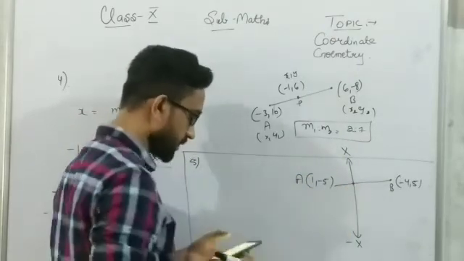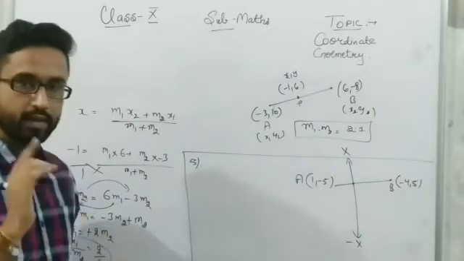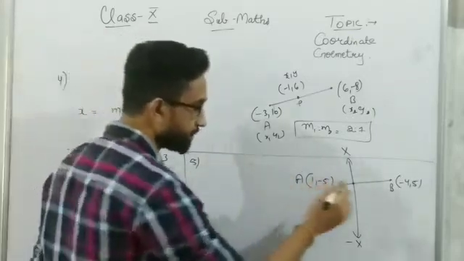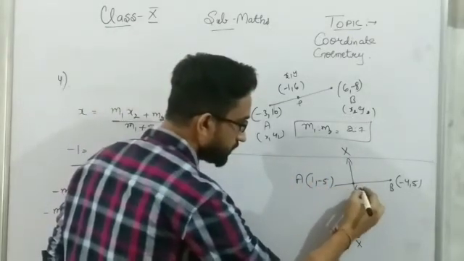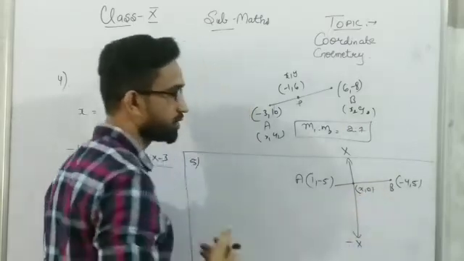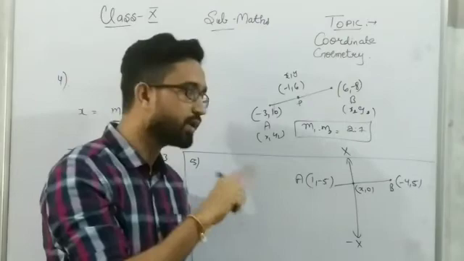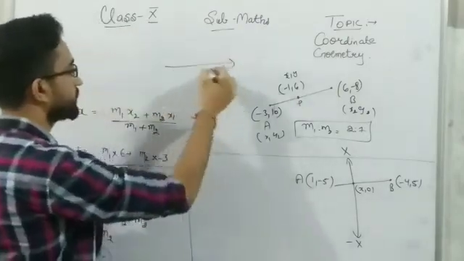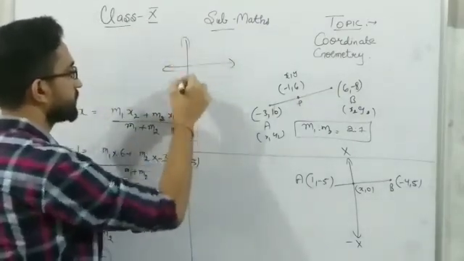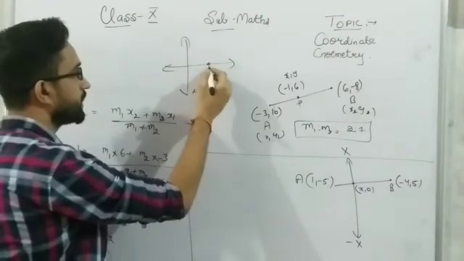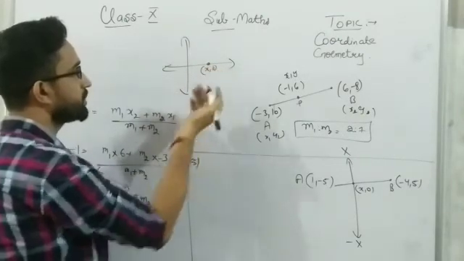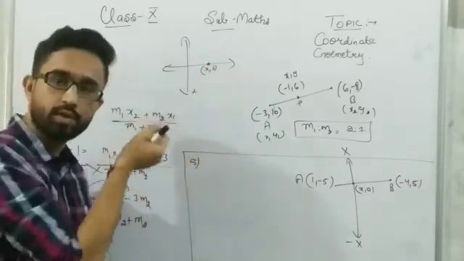Now remember that in the case of the x-axis, this point will always be (x, 0). This you must be knowing. We have done it in the 9th class: whenever we take a point on an axis, suppose this is my x-axis and this is my y-axis, it is going to be (x, 0) only. Y will be 0 in this case.